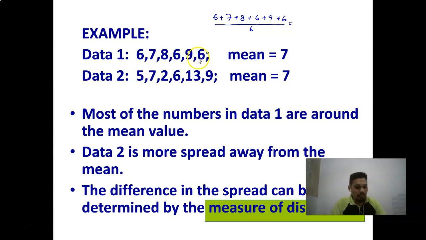So 42 divided by 6 equal to 7. And look at this one here now: 5, 7, 2, 6, 13, and 9, where the mean is also equal to 7.